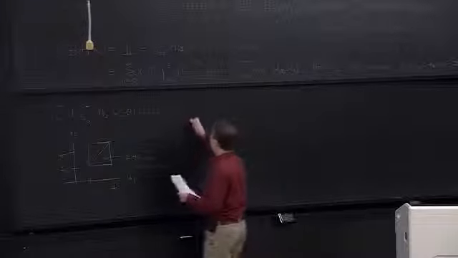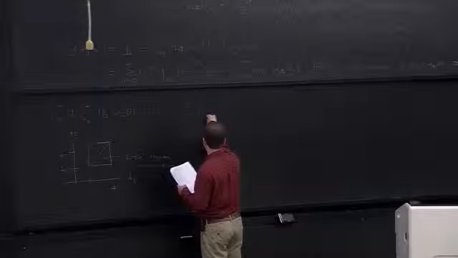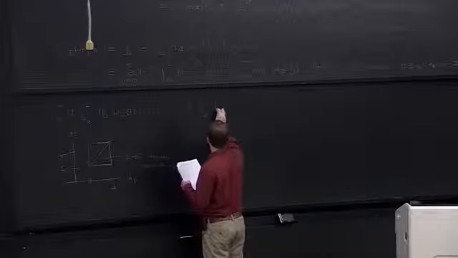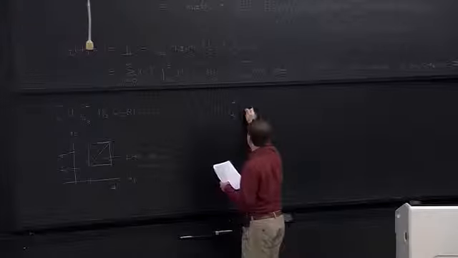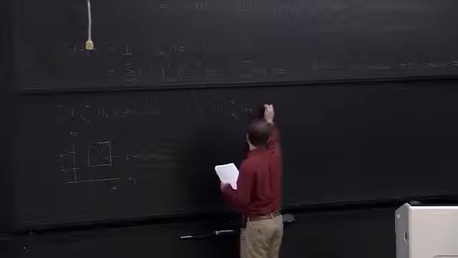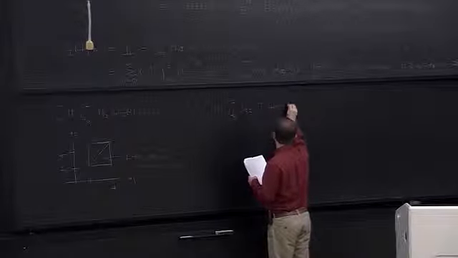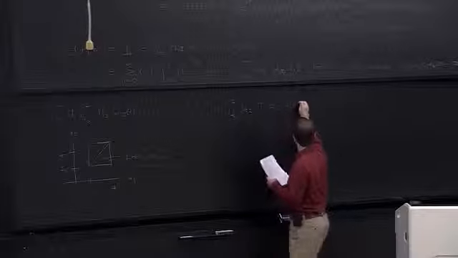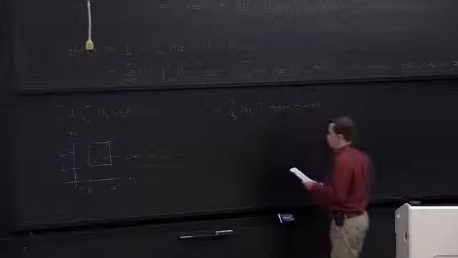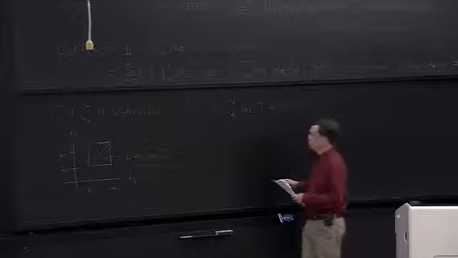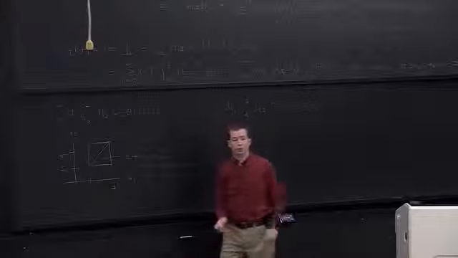And so we can write this as a half, because we're double counting, times the integral from T naught to T, dT1, integral from T naught to T, dT2, times the time-ordered product of HII of T1, HII of T2. So the right-hand side integrates over the entire square, but double counts.